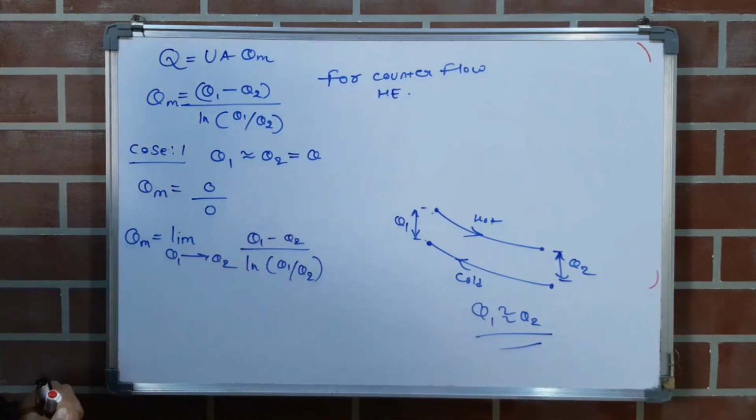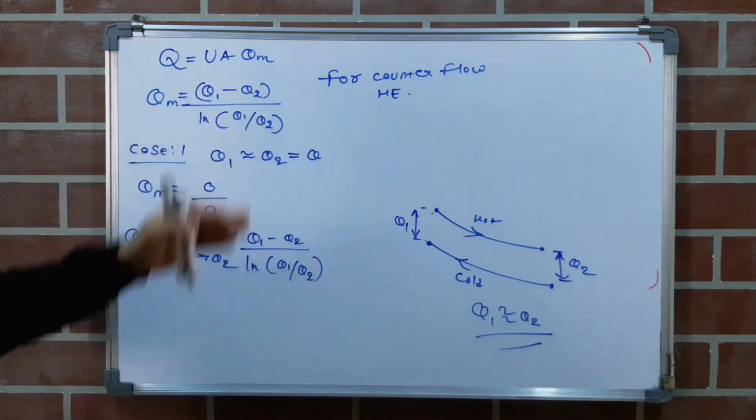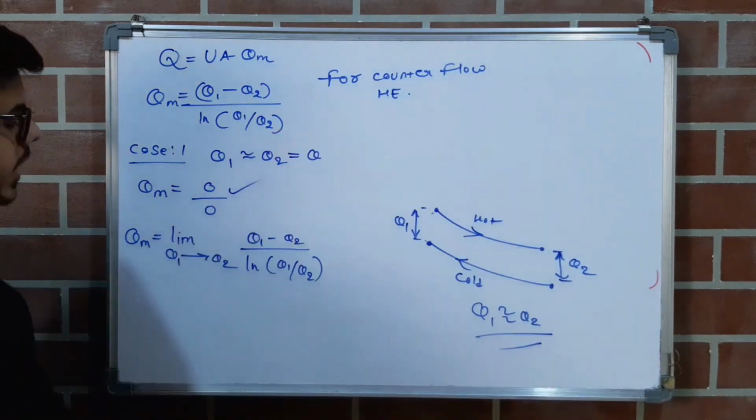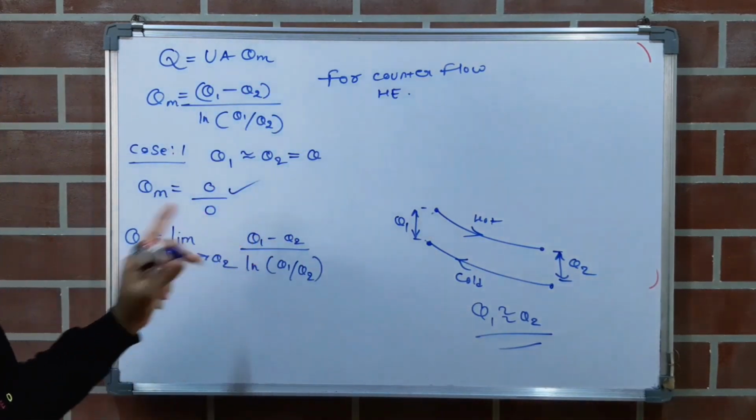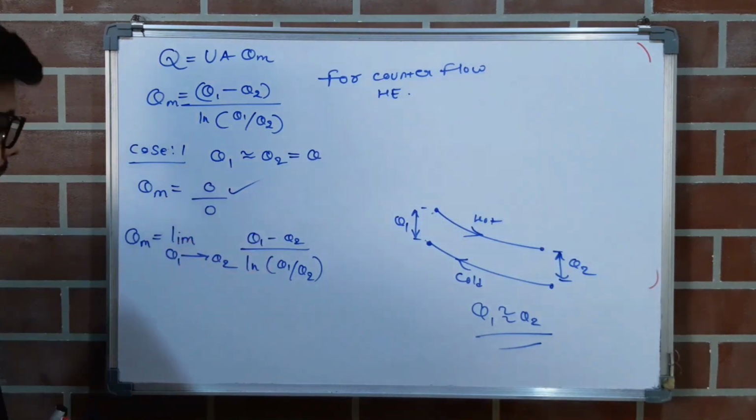Why are we doing this? Because by putting this case directly into the above form, we got an indeterminate form, which is not of use. So to eliminate this condition, we are using this limit concept.